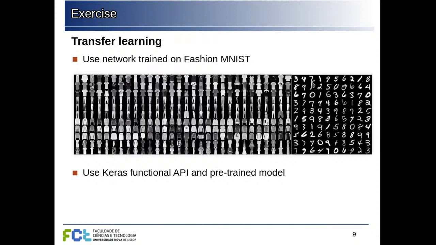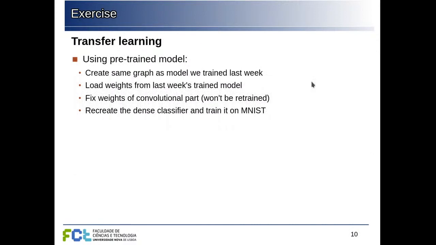And this is what you're going to do using the functional API. The model that you trained last week, you already have a network that is fully trained with Fashion MNIST.